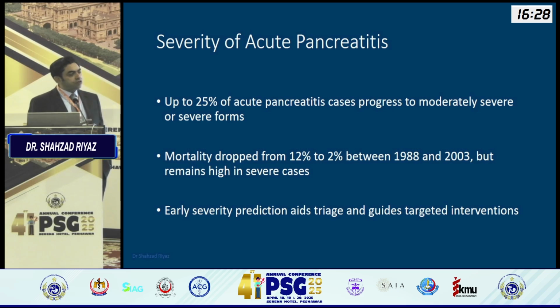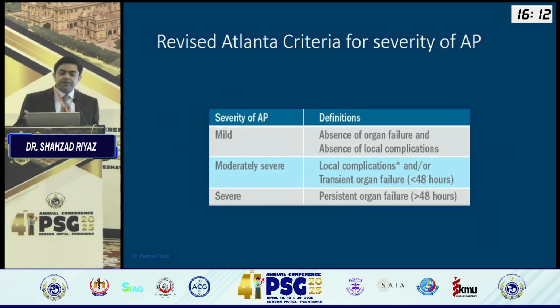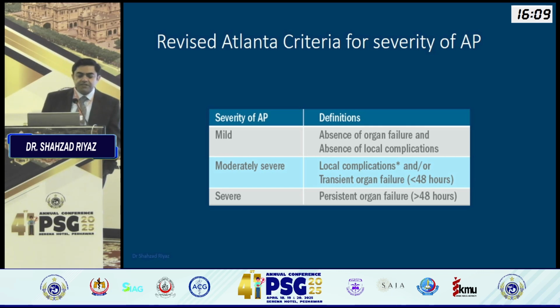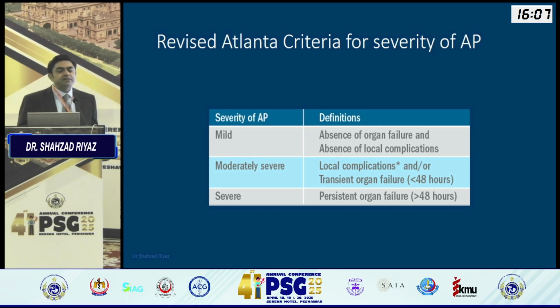And although the treatment has changed, and we are better at managing this condition, the severe cases still continue to have a very high mortality, and therefore it is important if we can predict the severity of the disease. There have been various ways, and a simple way is the Atlanta criteria, in which you can divide the pancreatitis into mild, moderate, and severe, depending on the persistence of organ failure.